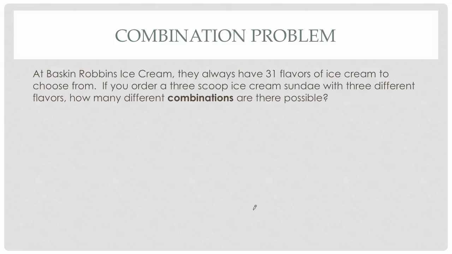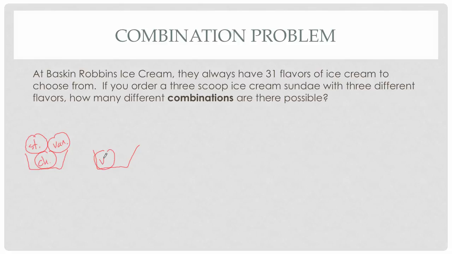Well, this is a combination problem because, let's see, here's my cup. If I choose chocolate ice cream, so there's chocolate, and I choose a scoop of vanilla, and I choose a scoop of strawberry, and then somebody else comes up and they choose vanilla.